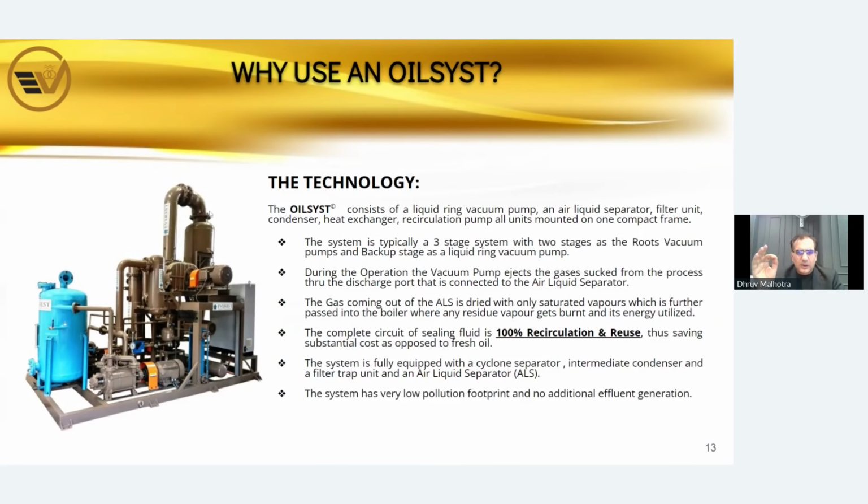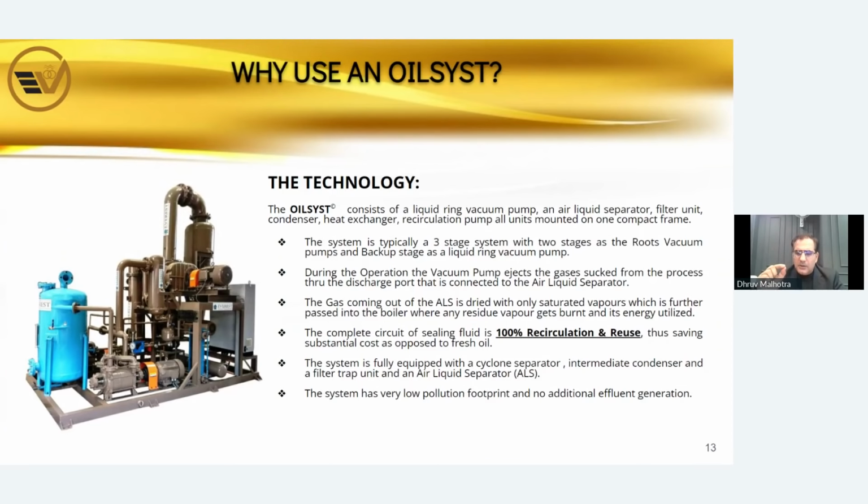Apart from the cyclone, there is an intermediate condenser, and after the condenser, there is a filter trap unit. Along with this, at the discharge, there is an air liquid separator, which is a very efficient design to ensure that the vapor coming out after the liquid ring vacuum pump does not carry away any oil droplets with it.